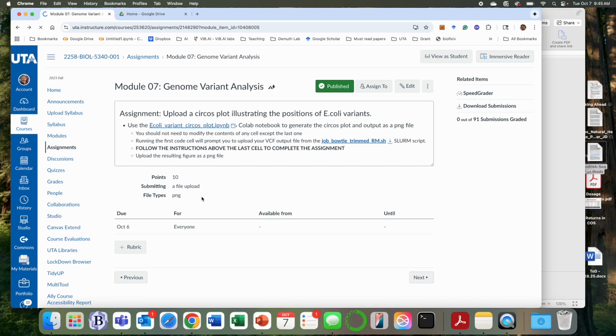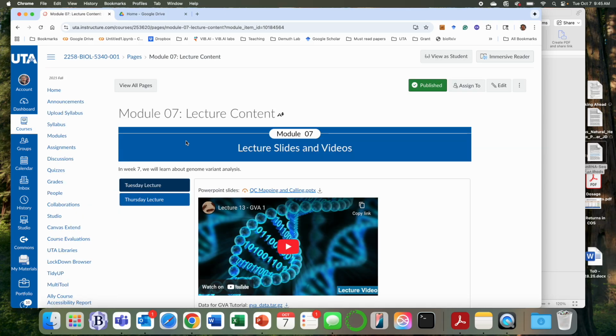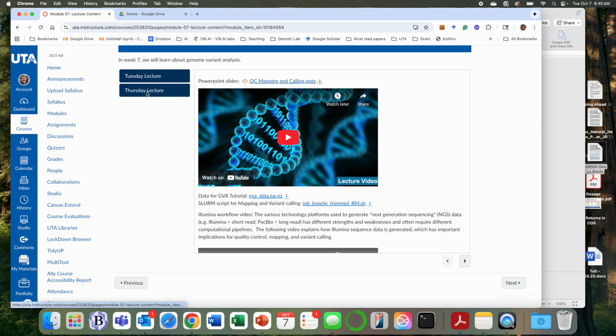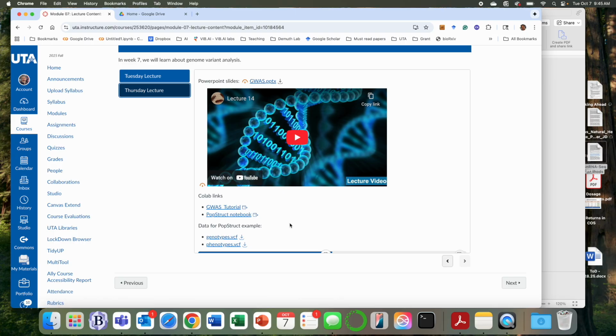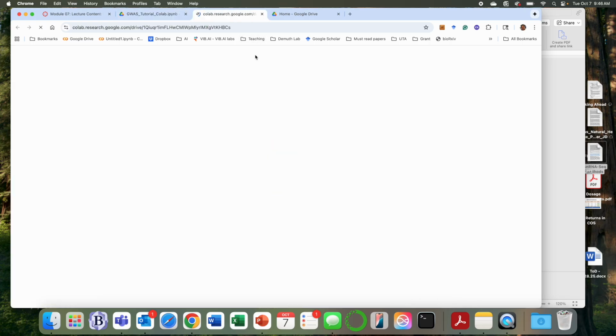Oops, not that one. So last Thursday's lecture, the Colab links, this GWAS tutorial button, so you should open that. I don't know why it wants to.